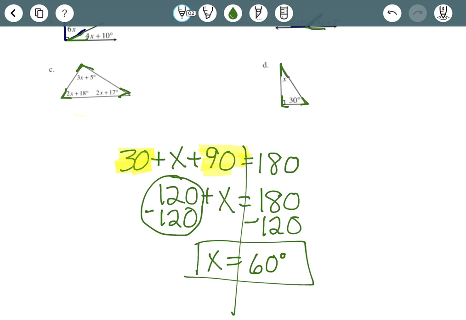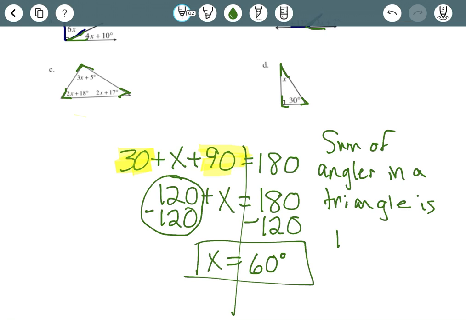All right, and for this one, we're just going to say the same thing for our method. So we know the sum of angles in a triangle is 180 degrees.